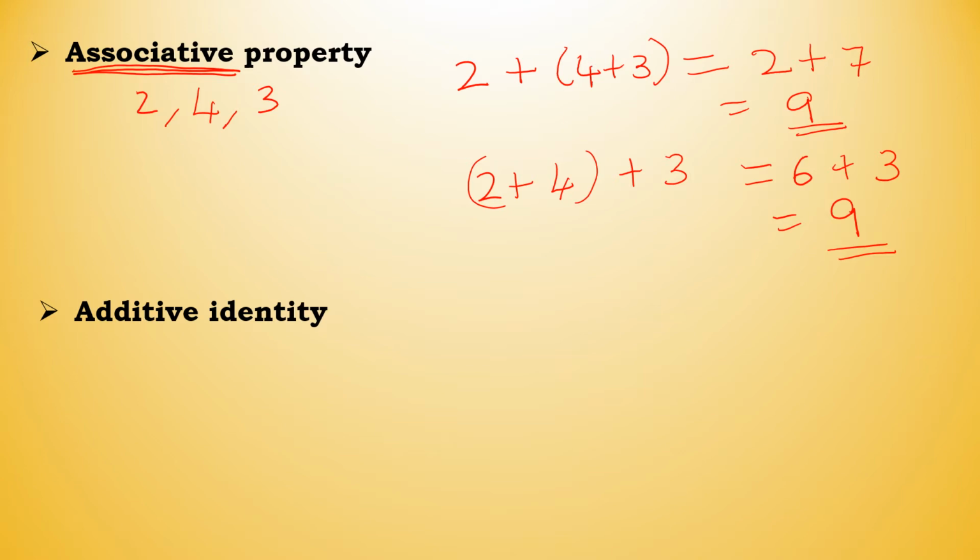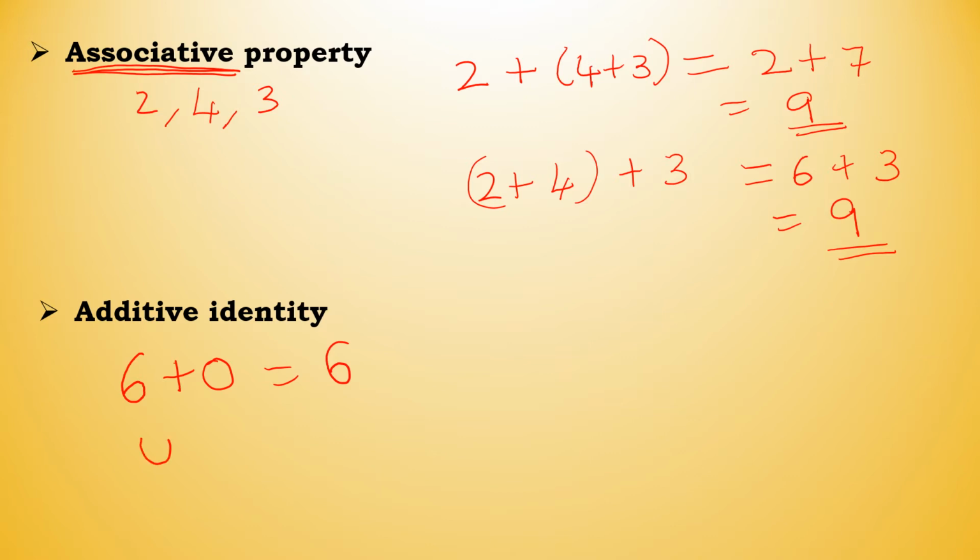Next is additive identity. Adding 0 to a number or a number to 0 does not change the value of the number. Let us see. Let me take the number 6. What happens if I add 0 to 6? I get the result as 6.